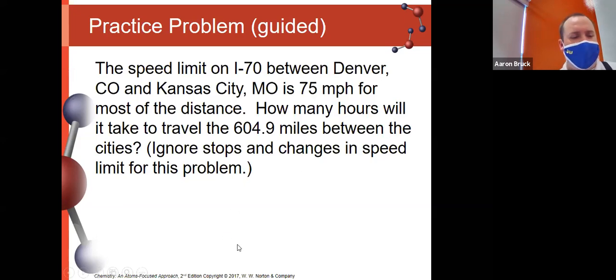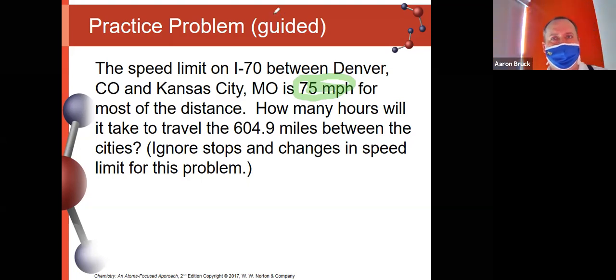The trick to this problem is in the recognition of what does 75 miles an hour mean? Well, the key word here is per. If you see per in any unit, immediately think in your head, fraction. Miles per hour means miles divided by hours.